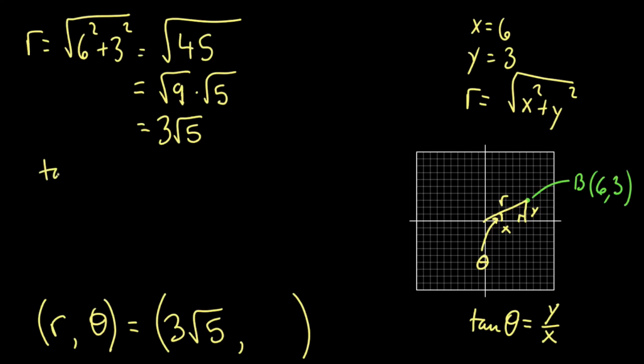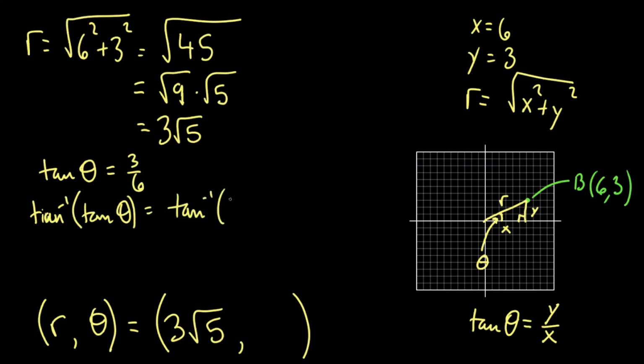But we'll start out here. We know that tangent of theta is 3 over 6, so that's 1/2. And then how would I solve for theta? Inverse tangent, okay? So I take inverse tangent of both sides. And that 3 over 6 is just 1/2.